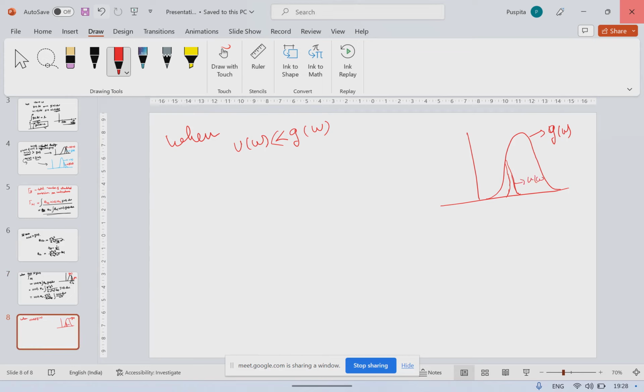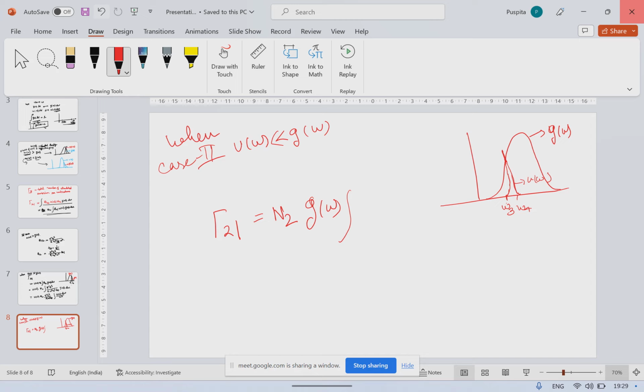This is U omega. So again, from omega 3 to omega 4, you can see that this is the region in G omega. The G omega is constant. So for this, the total number of stimulated emissions per unit time will be N2 times the integral. N2 is outside of the integration. Now G omega is constant, doesn't change over the frequency, where U omega is changing. So the G omega can be taken outside of the integration.